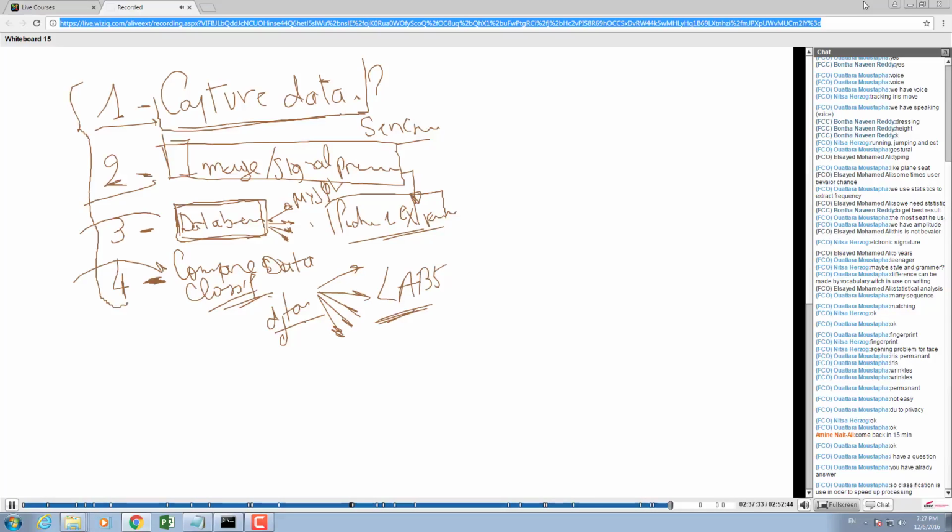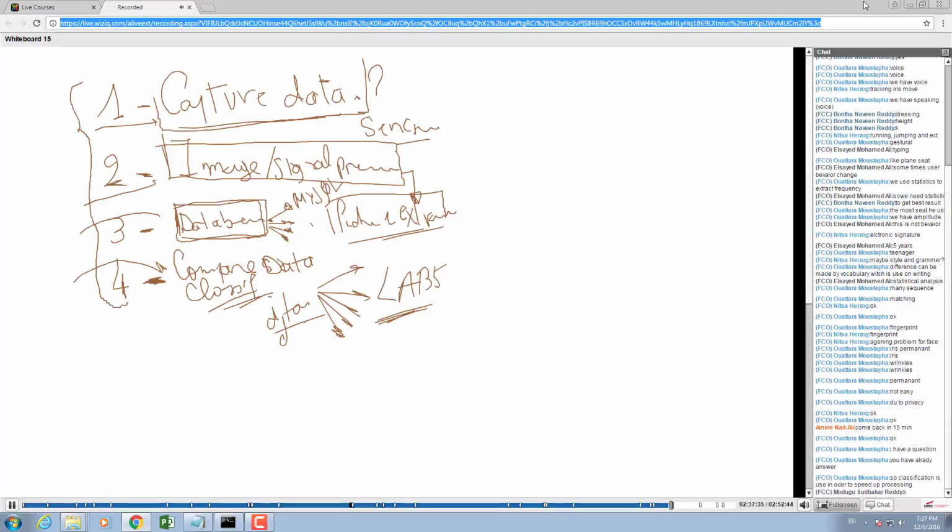Here, classification. And here, as I said, think about the different methods or approaches of classifications. K-means, neural network, Bayesian, SVD. There will be some labs. Okay, you will take some labs.